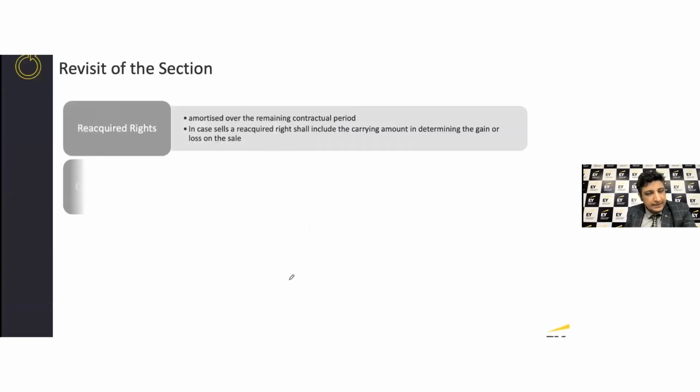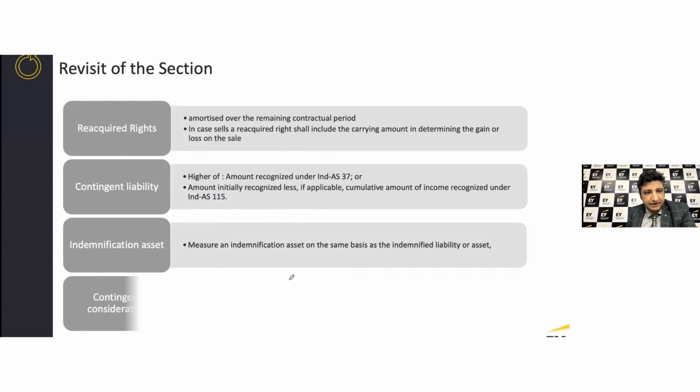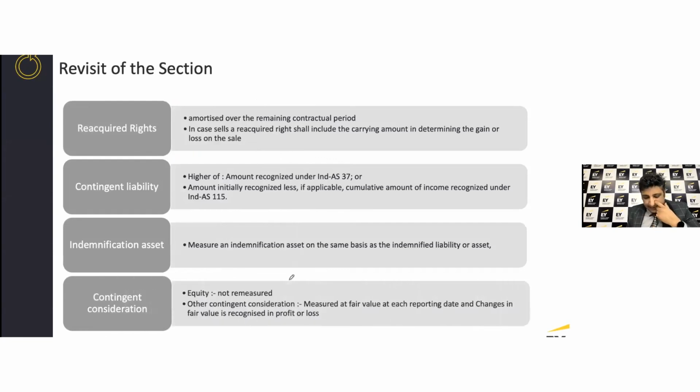All right. So very, very brief section that we have discussed here, and it says, as far as the reacquired rights are concerned, they are amortized, and accordingly, you would be able to recognize a gain or the loss basis the carrying value of this particular reacquired rights. Contingent liabilities taken at higher of the amount that you would recognize under Ind AS 37, or the amount initially recognized less any cumulative recoveries or incomes against that contingent liability.